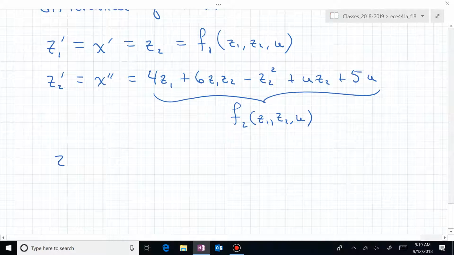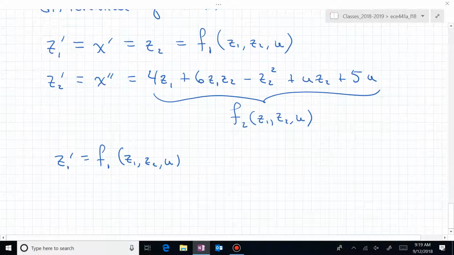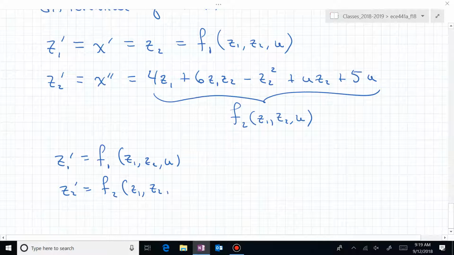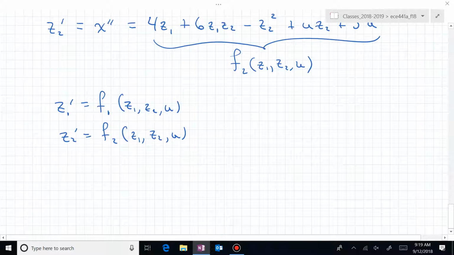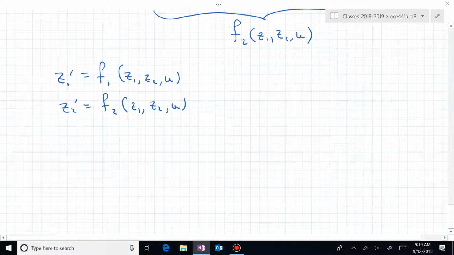And now I have what I need. I have z1 prime equaling an f1, and I have a z2 prime equaling an f sub 2. I'm now in a position to start taking the partials of these f's with respect to z1, z2, and u to try to do the linearization. Let me do the first one.